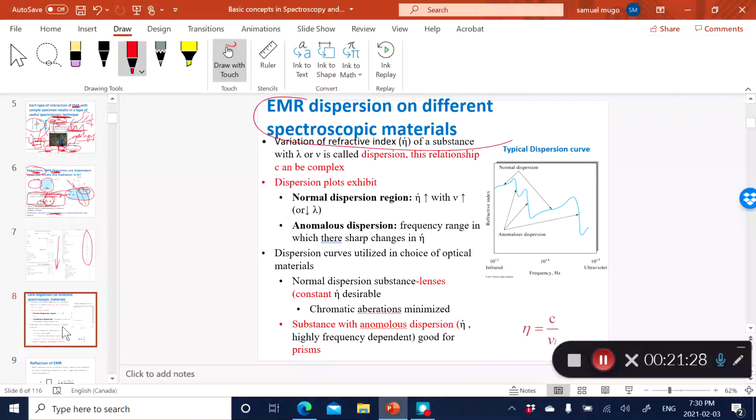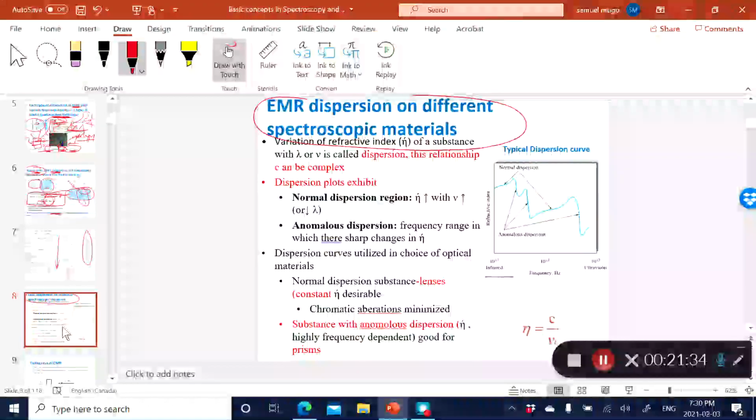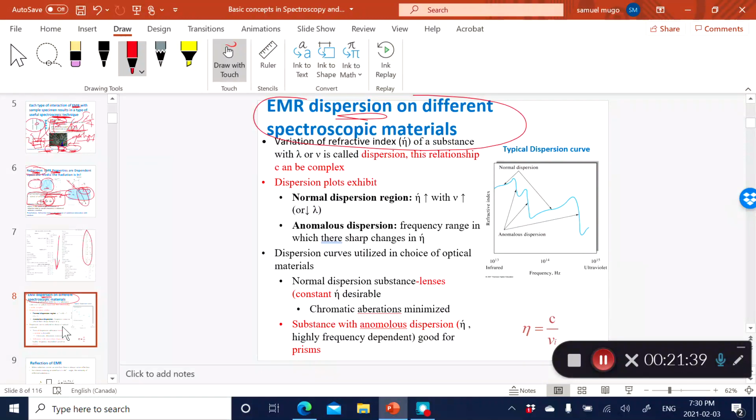Now, another important type of behavior of electromagnetic radiation, and it's very similar to refraction, is what you refer to as dispersion. Okay, and again, dispersion is totally dependent on the refractive index of the substance. Now, there are two types of dispersions.